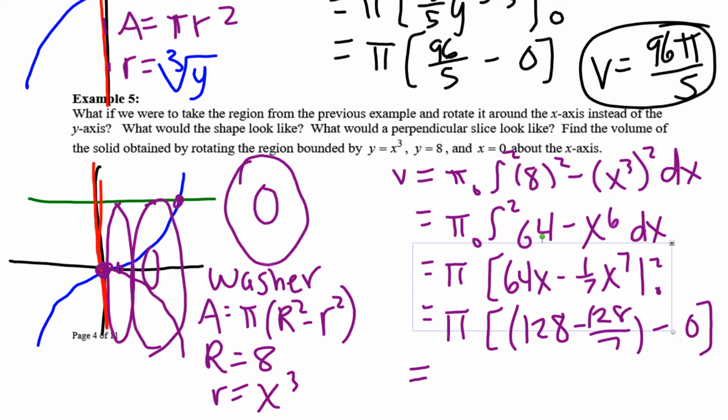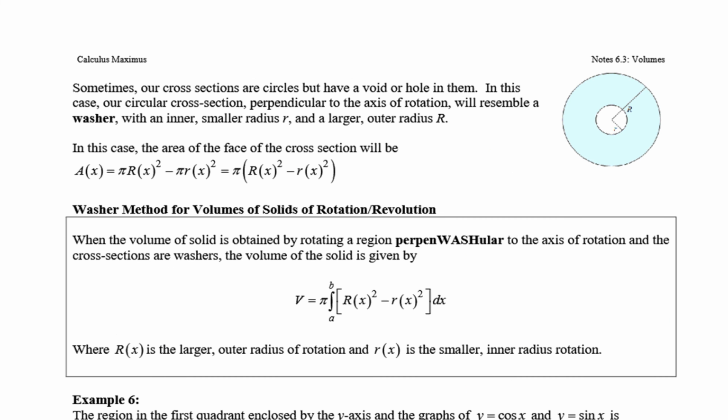And if I do this right in my head, I think it'll be 768 over 7 pi, but you should check that out. All right, so what we did, let's break that down. We made washer shapes instead of just a disc. So we have the area of the big circle minus the area of the little circle.